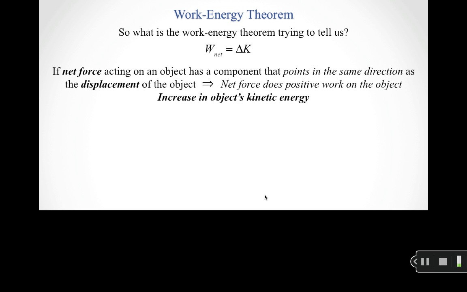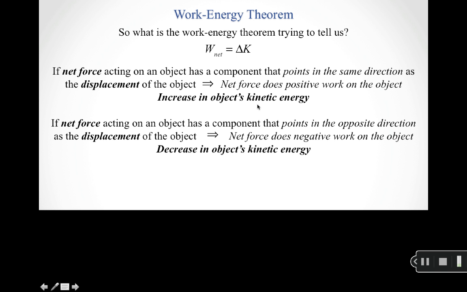So if the net force points in the same direction as the displacement, that means that the net force does positive work on the object. And if the net work is positive, that means delta K has to be positive too, which means that you have increased the object's kinetic energy.